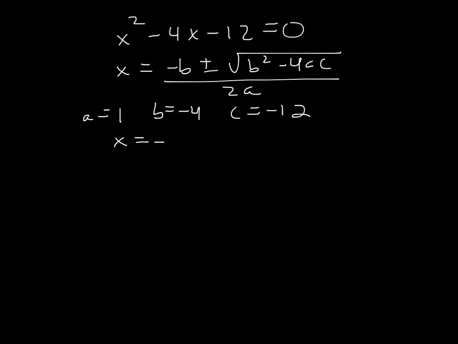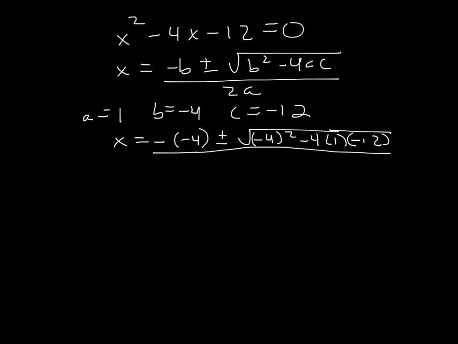So we're just going to put all those numbers into that formula. x equals negative negative 4 plus or minus square root negative 4 squared minus 4 times 1 times negative 12, all over 2 times 1.